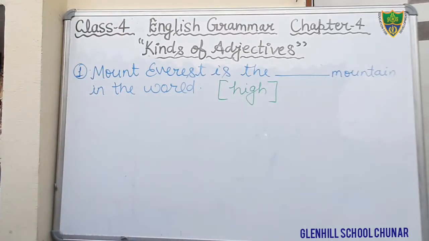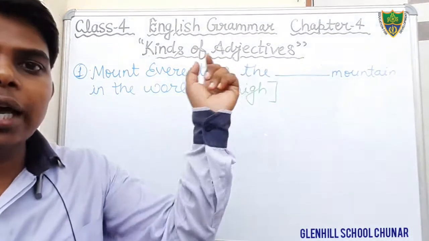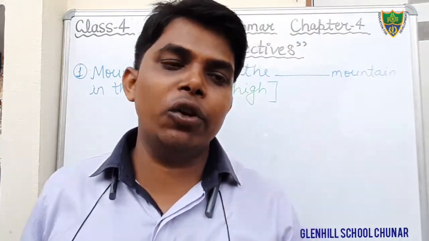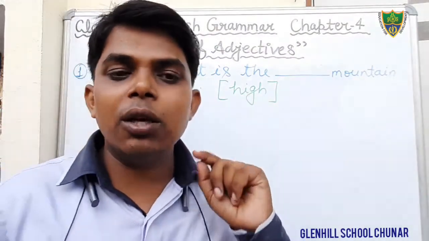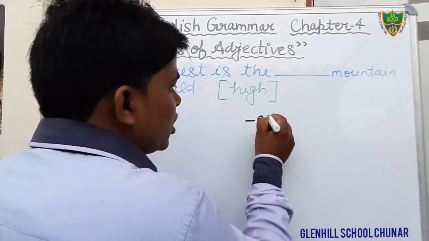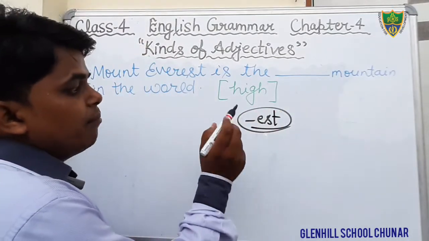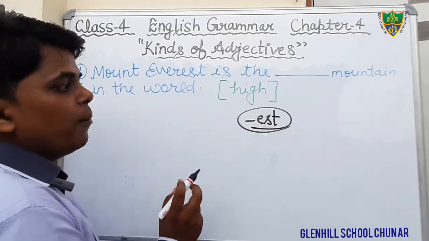Here we have to think what would be the suitable forms of adjective. Mount Everest is the, the is used. I have told you when do we use the article the? In the superlative degree. Here the positive degree is given, high, and what would be the superlative degree of that? I have told you we will add est. We generally make the superlative degree by adding est to the positive degree.